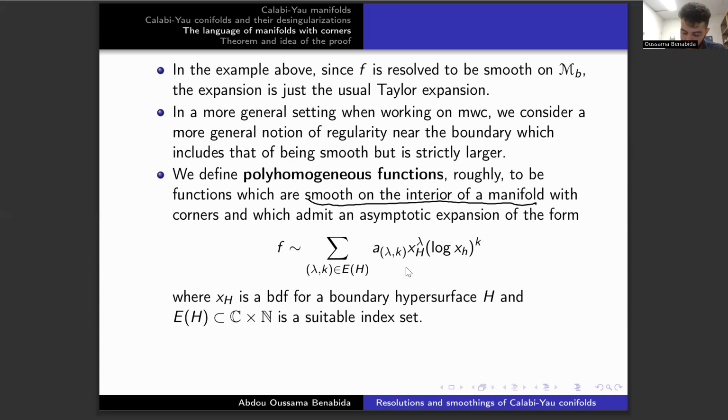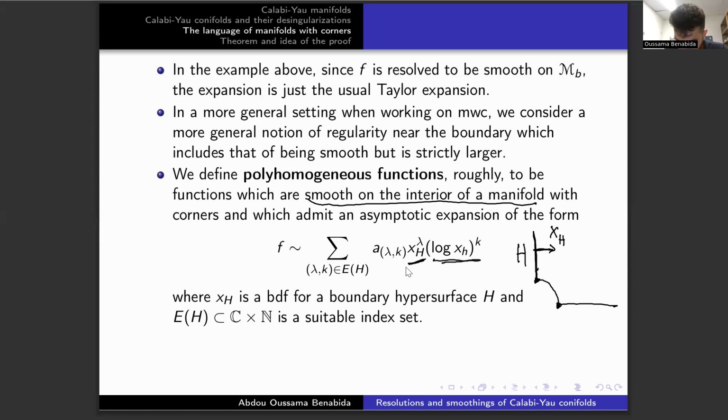But when we approach a certain boundary hypersurface H, and we have a boundary defining function for H given by XH, then we suppose that we have an asymptotic expansion of the type powers of XH and powers of the logarithm of XH.